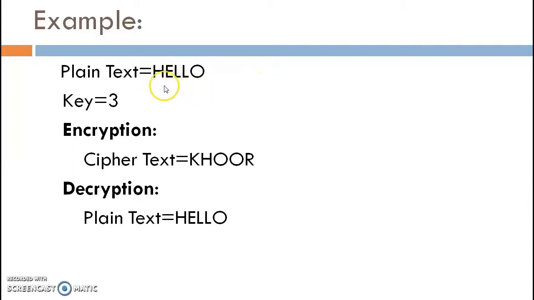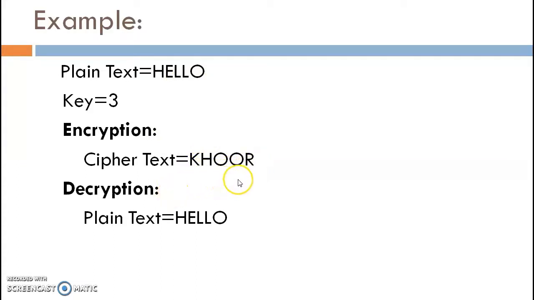The numeric value of H is 7, plus 3, modulo 26, equals 10. The ciphertext letter at position 10 is K. In the same way, E plus key modulo 26 gives H, and so on. So the plain text hello is converted to the ciphertext khoor.